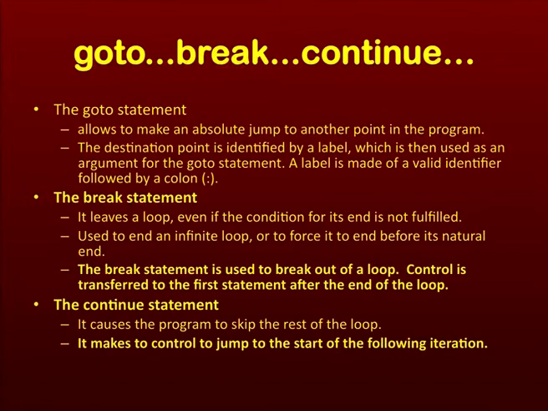And then there is the continue statement. It causes the program to skip the rest of the loop. It makes the control jump to the start of the following iteration. It simply means, suppose there are 10 statements in the loop, and if I say break at the 6th statement due to some condition, the rest of the statements will not be executed and the control will be transferred out of the loop to the next statement written just after the loop.